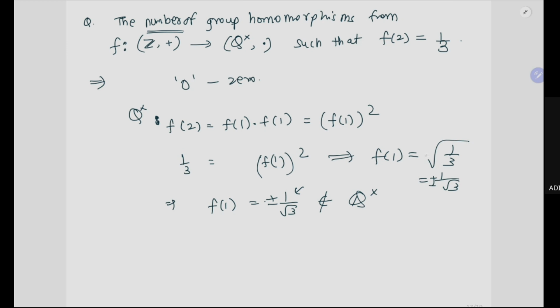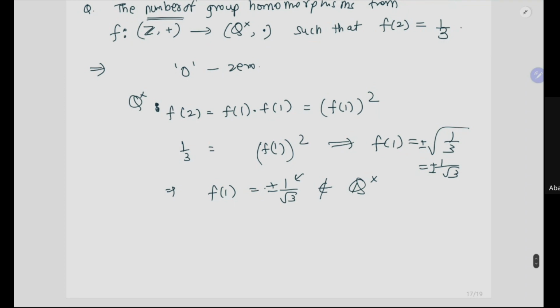Ma'am, if we take irrational numbers as well, without restricting to rational numbers, then can we find the number of group homomorphisms? Then it will be infinite, I guess, because Z is a cyclic group. So if we set f of 1 to be some nice number, for example 2, then everything would follow.